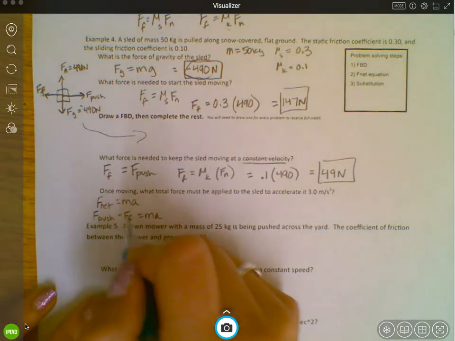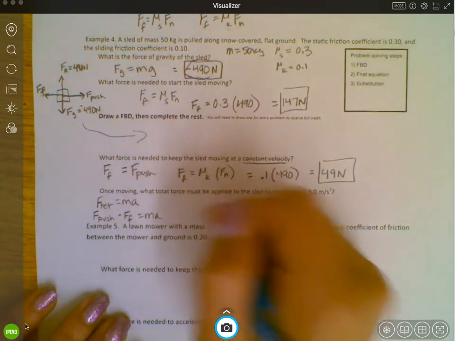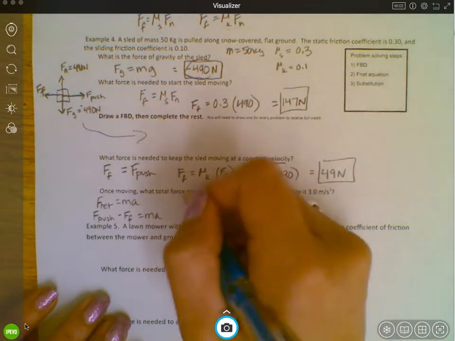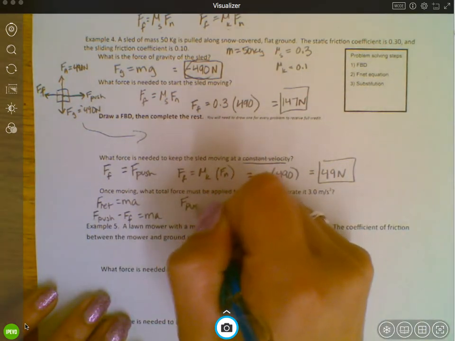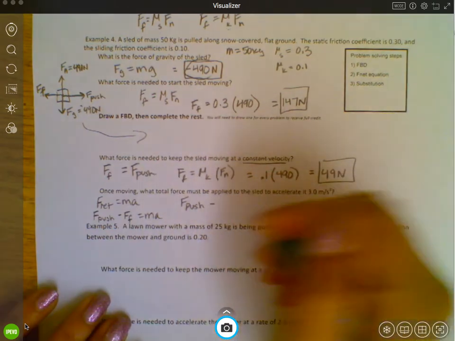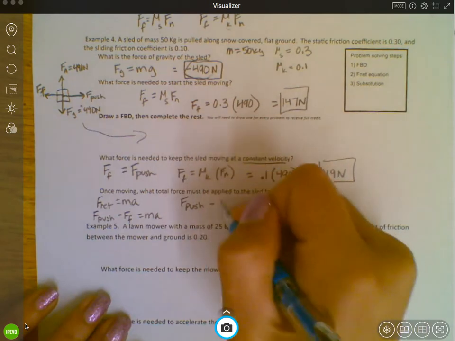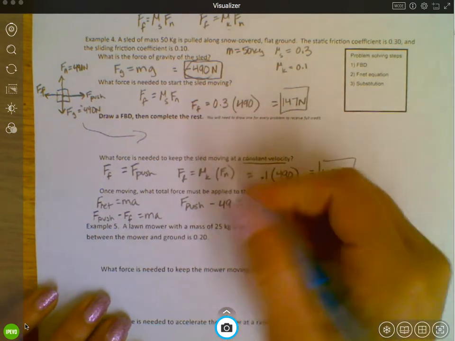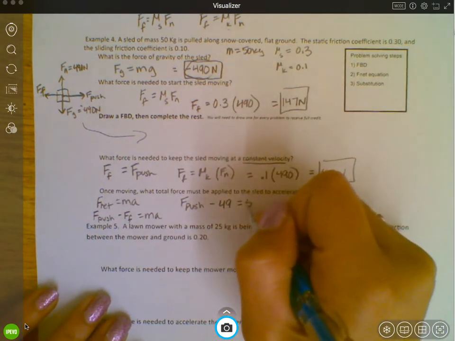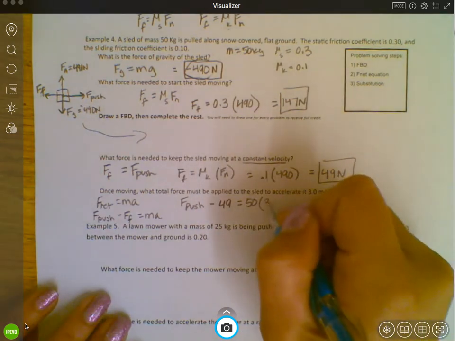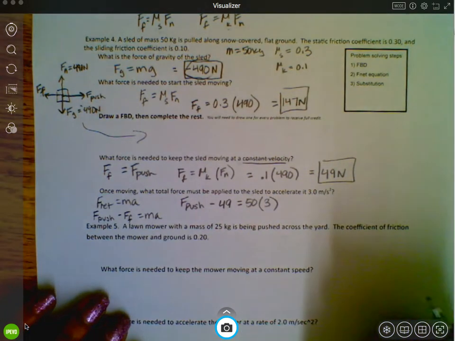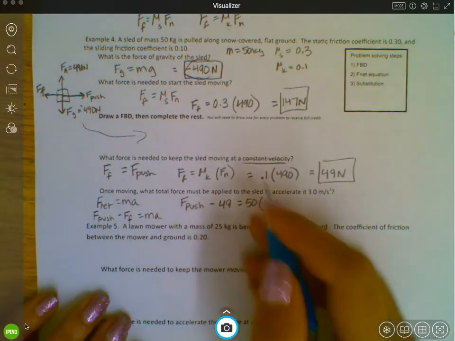So the pushing force minus the friction force has to equal ma, and we have to plug in what we know. So we're trying to find the pushing force that's necessary. If it's moving, then we know it's kinetic friction, so we know that this number is 49. The mass is 50, and it wants to accelerate at 3. So now we just do the math and we solve.